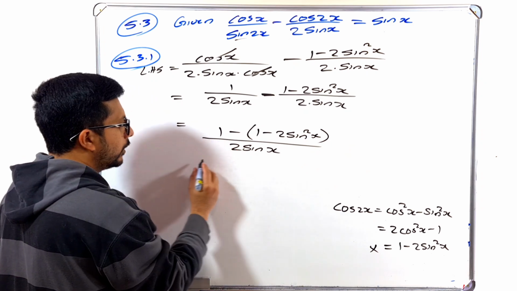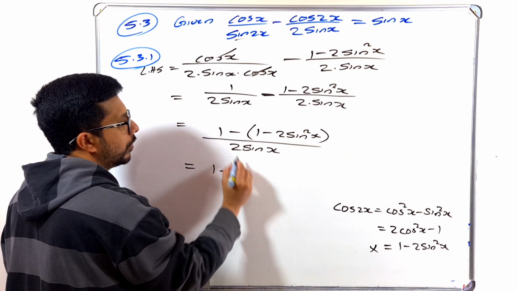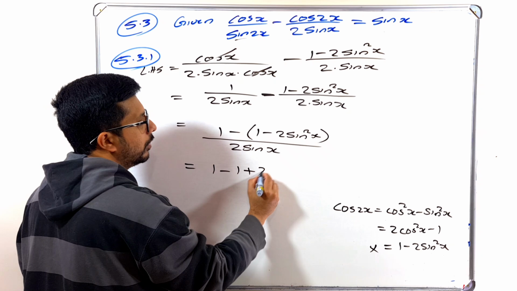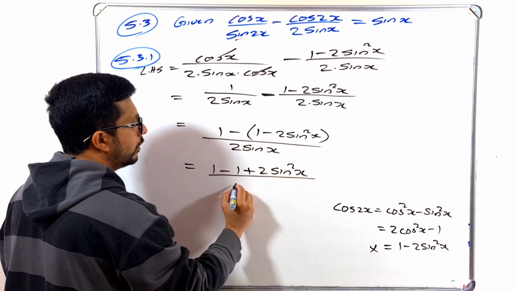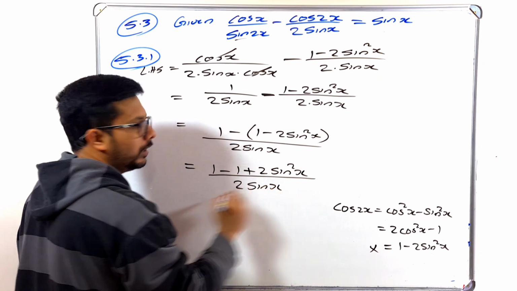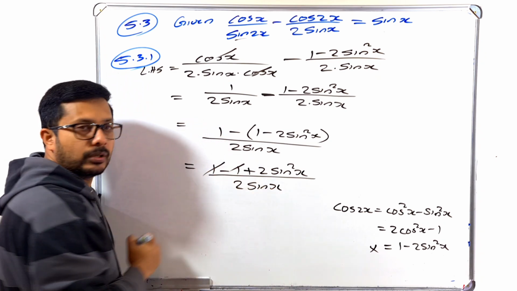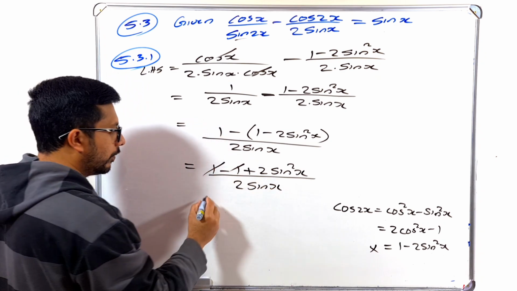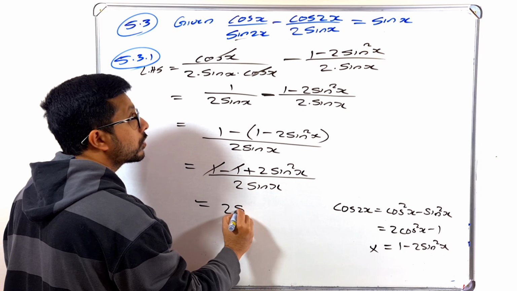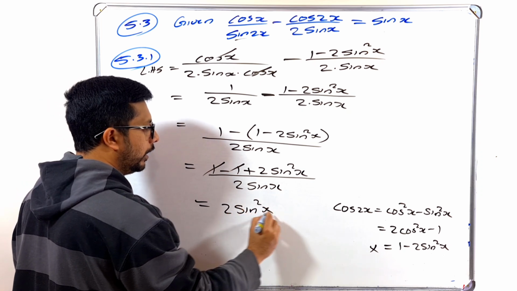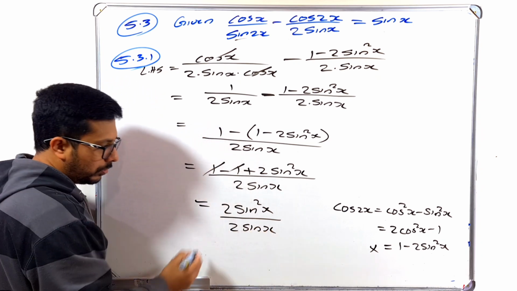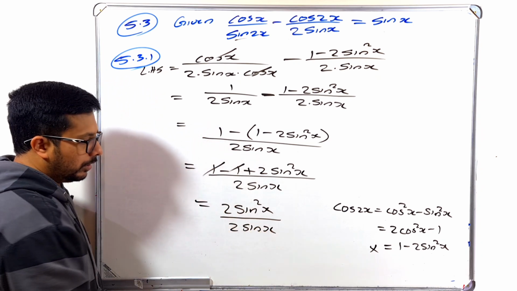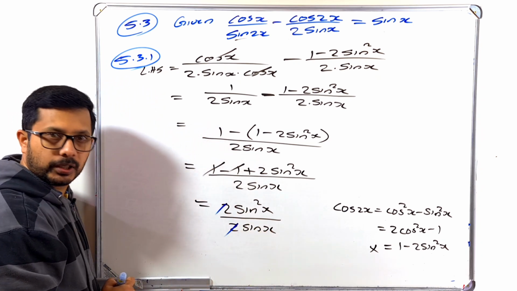Now expand the bracket, 1 minus 1, minus into minus is plus, 2 sin square x divided by 2 sin x. This minus 1 plus 1 cancel. So what is remaining? 2 sin square x divided by 2 sin x. So here you can see that this 2 and 2 you can cancel.